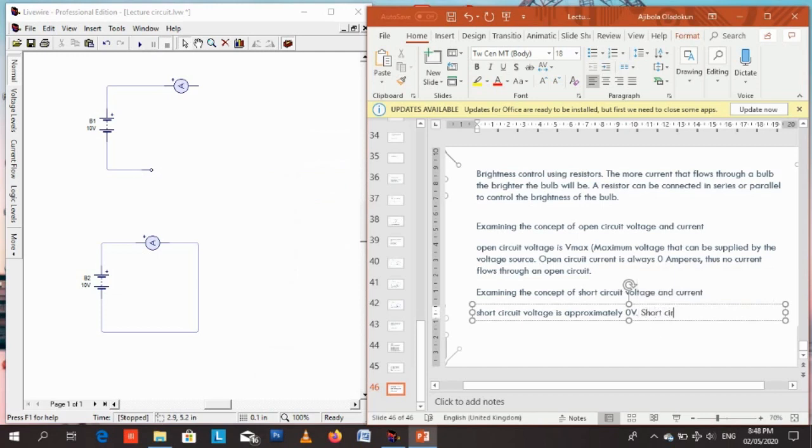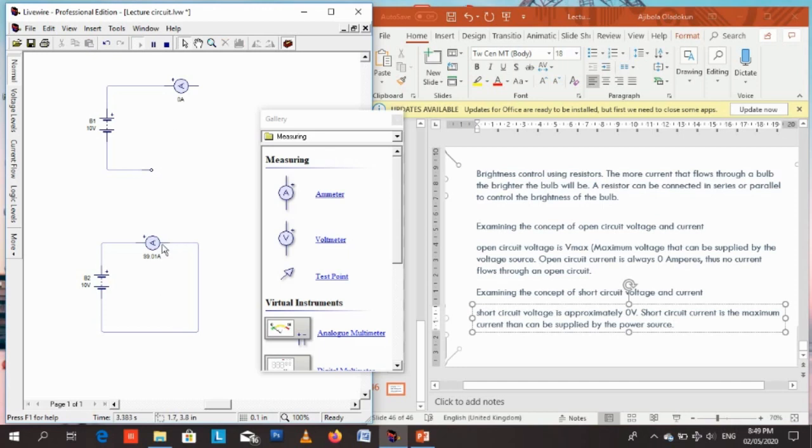So I hope you understand the difference between short circuit and open circuit in terms of current and in terms of voltage.